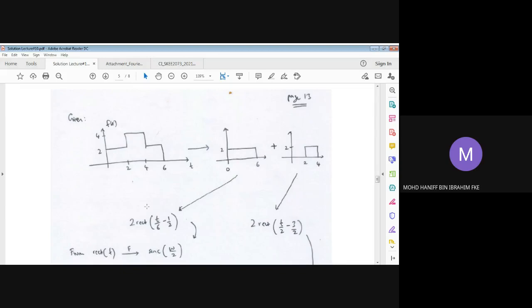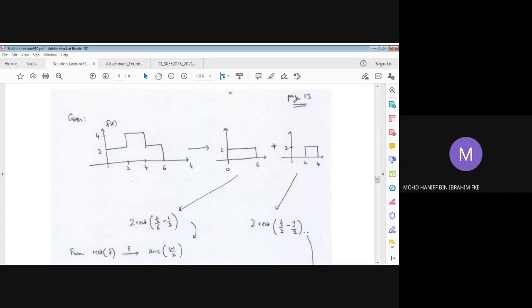Supposedly, for the first signal you should get 2 rectangular of t over 6 divided by minus half. How to get this? Again, I leave this to you to find out on your own. The same applies for the second signal, which is supposed to be 2 rectangular of t divided by 2 minus 3 over 2.